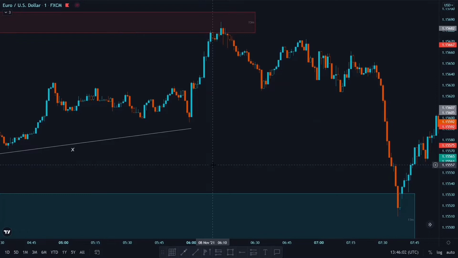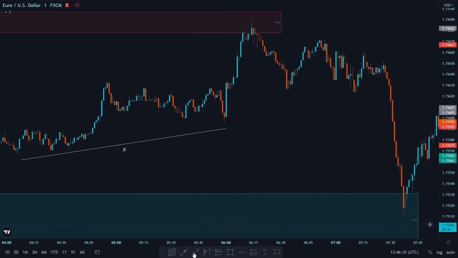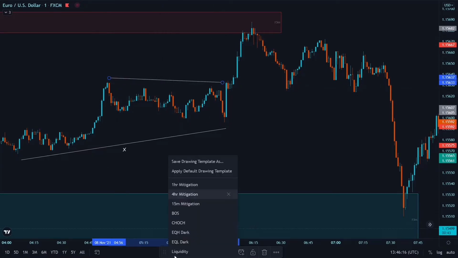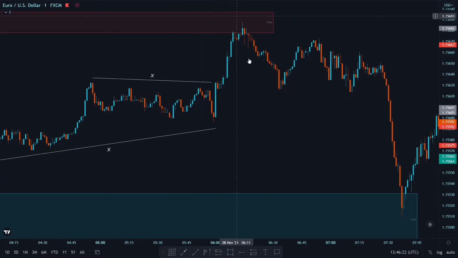Alright, so in the London session what happened is we tapped into our 15-minute supply zone. As we can see, we sweep this liquidity, equal highs. Okay, we sweep this liquidity.